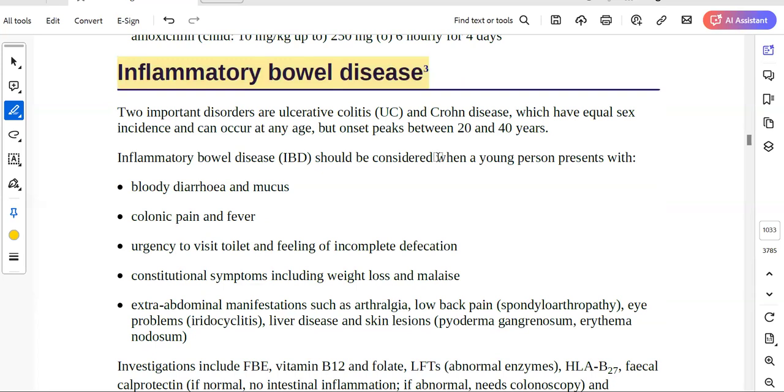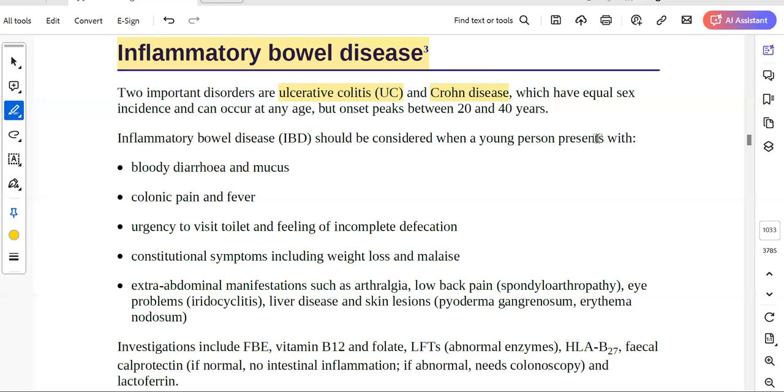A very important topic is IBD, or inflammatory bowel disease. As the name implies, this is inflammation of the bowel. There are two subtypes of IBD: one is ulcerative colitis and another is Crohn's disease.